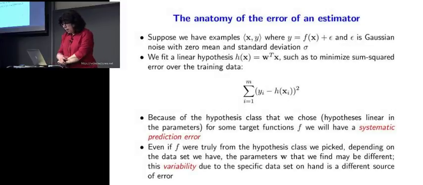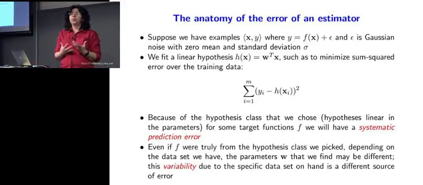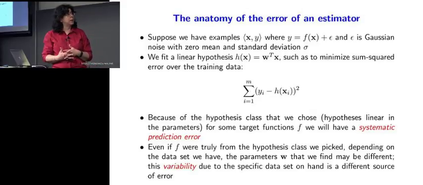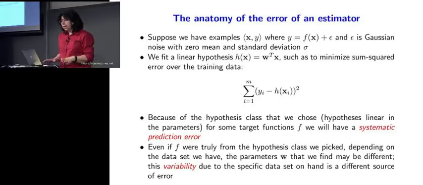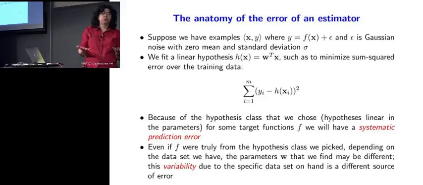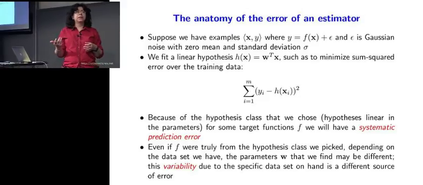Now, I would like to take a little bit of time to discuss in more depth what overfitting and underfitting are, and how we think of them from a statistical perspective, okay? So let's assume that you have some example, okay? X is the input, Y is the output. And this example comes from some true function f that I don't know anything about, plus some noise, okay?